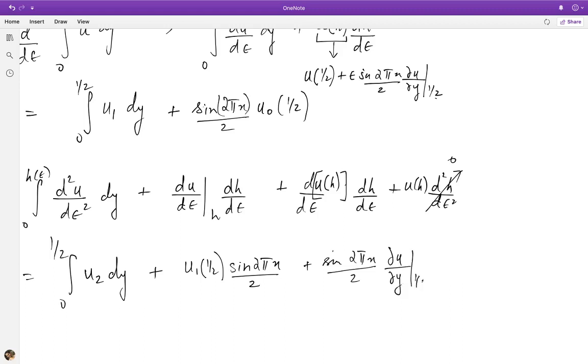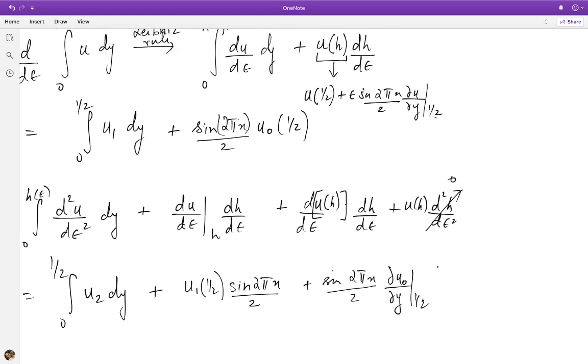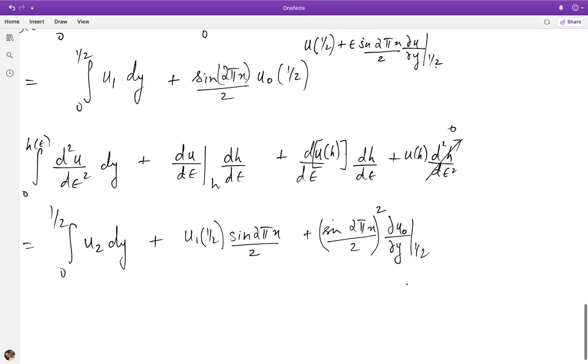Evaluated at half, but again if I put the power series expansion here, I have actually ∂u0/∂y, ∂u1/∂y and so on, but when I put epsilon to 0, it's just ∂u0/∂y. Right, so I have that term times ∂h/∂epsilon, which will throw out another sine(2πx)/2, so that this term is multiplied by the whole squared.